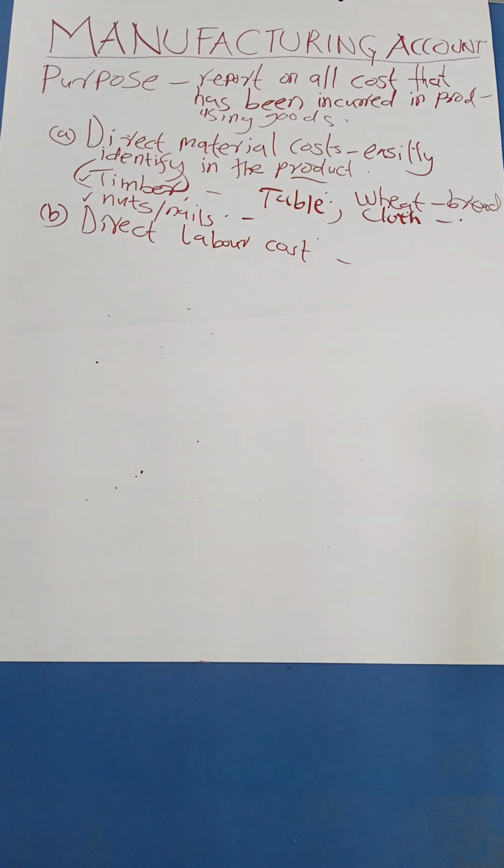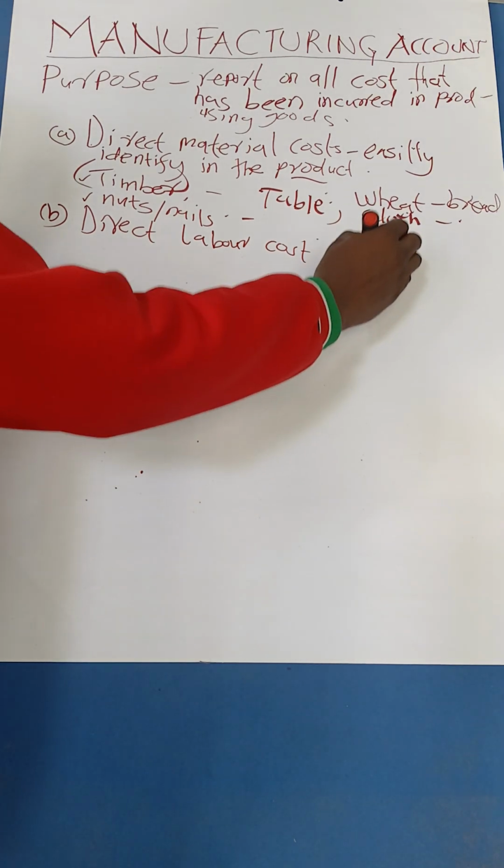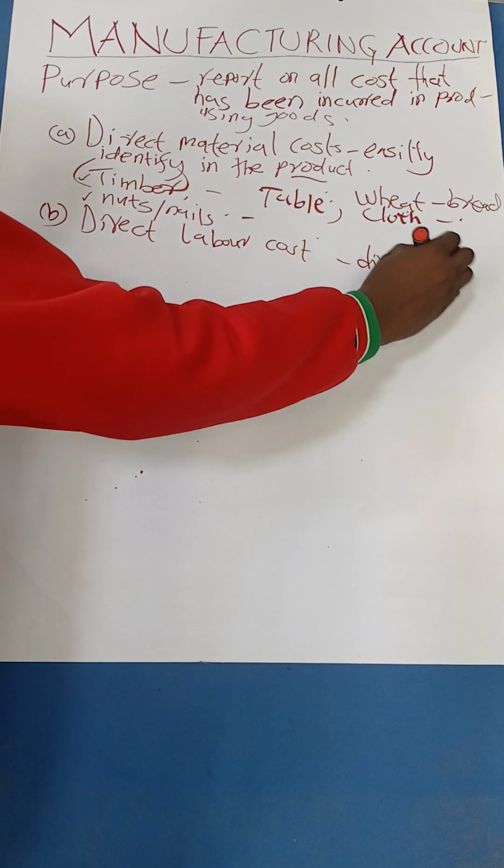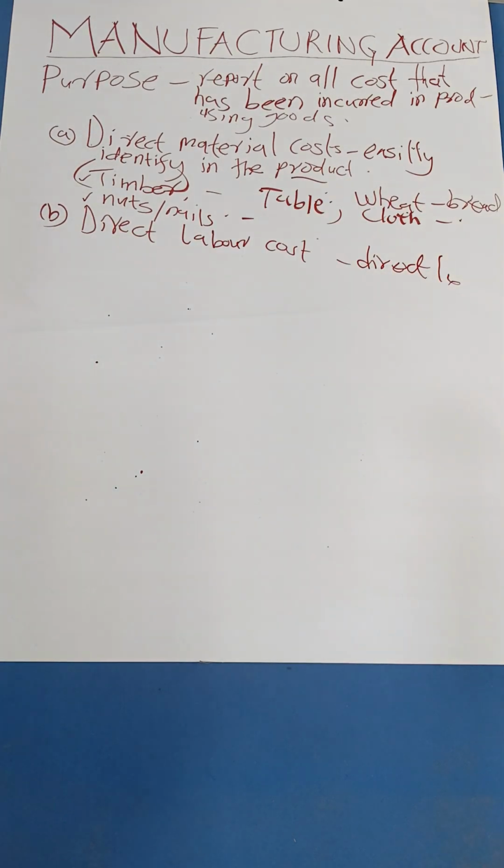So we refer to the cost of those who are on the ground operating the machines, even the operators, all those people who are working on that ground. We call that pay direct labor cost. The opposite of that is what? Indirect labor cost. Let me give the opposite of that. So this one is directly associated; they are directly associated in producing that product.